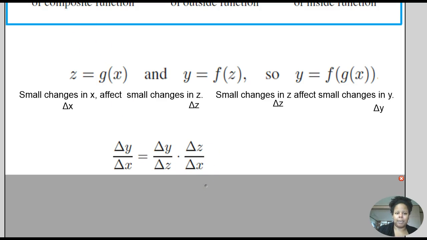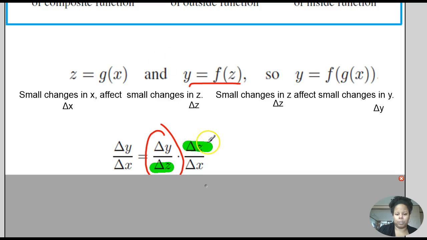It's a very popular trick of algebra: delta y divided by delta x is the same thing as delta y divided by delta z, but multiplied and divided by delta z, and then rearranged. The first quotient, delta y divided by delta z, says as z changes, so does y change.